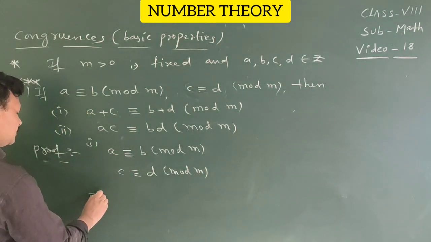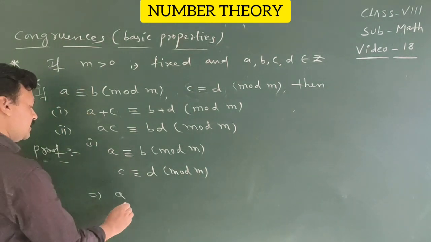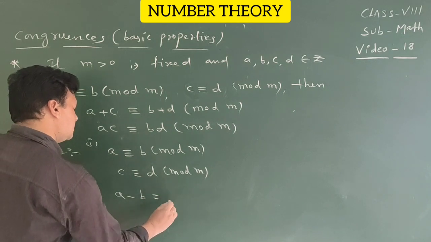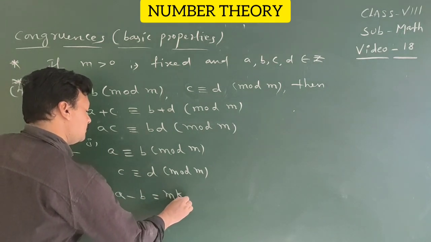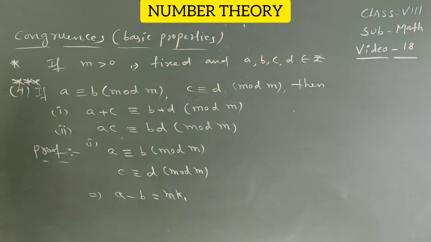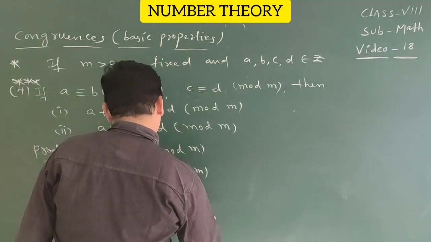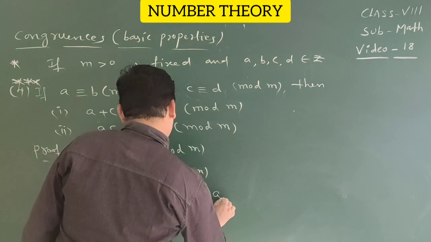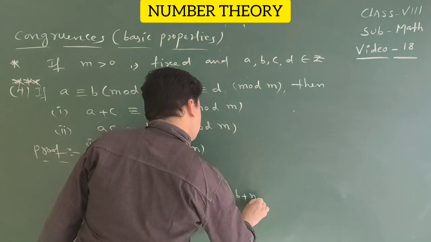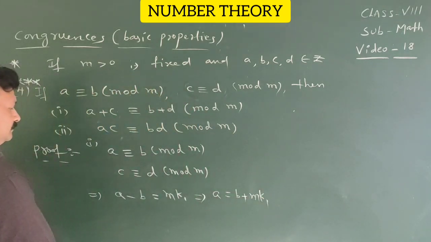By using the first one, A minus B is equal to a multiple of M. So that implies A equals B plus a multiple of M.